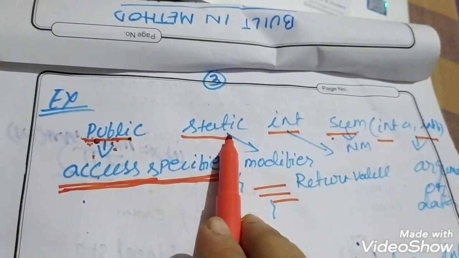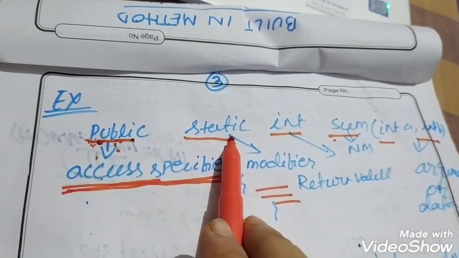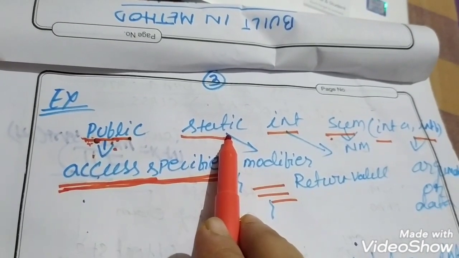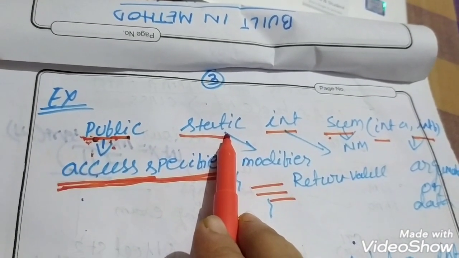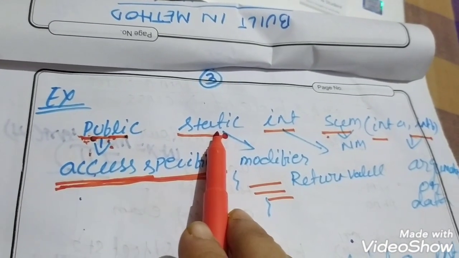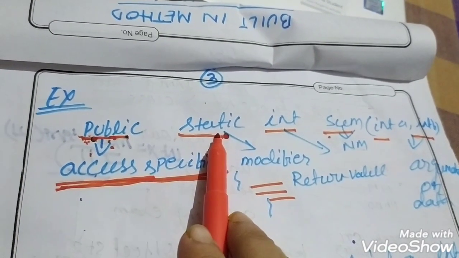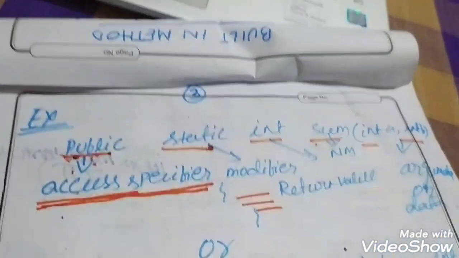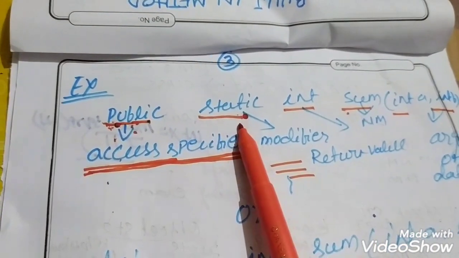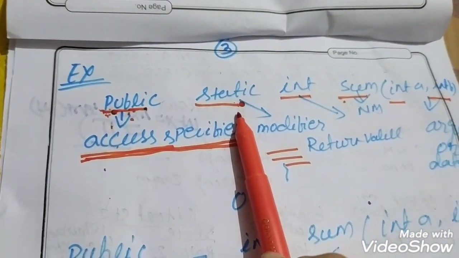So if you want to access through the object, there is no need to write static. And if you are not creating the object, and you want to access without an object, then you have to write static. So static means the modifier. If you are writing static, then there is no need of any object. With the help of the class also you can access it. From the example you can understand it more clearly.